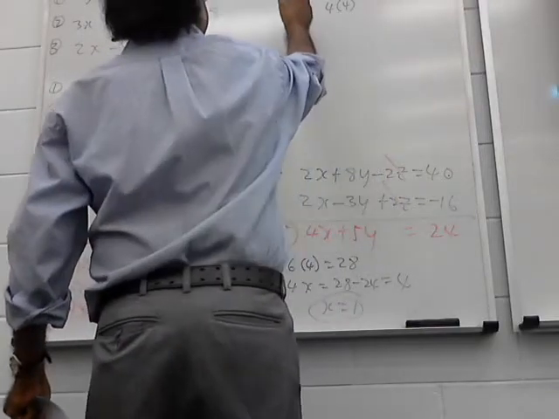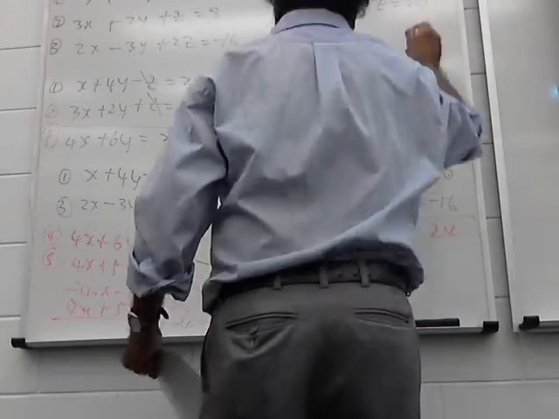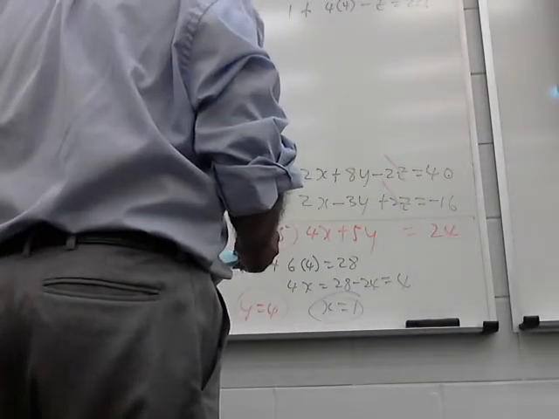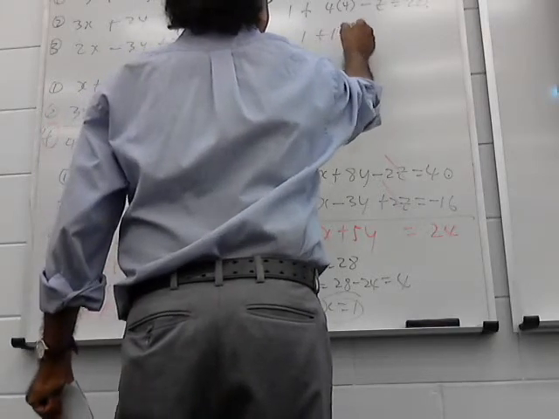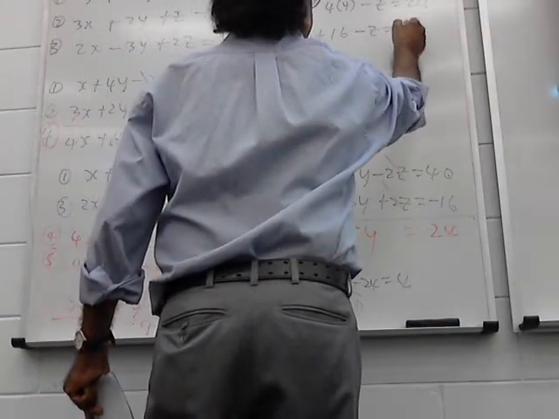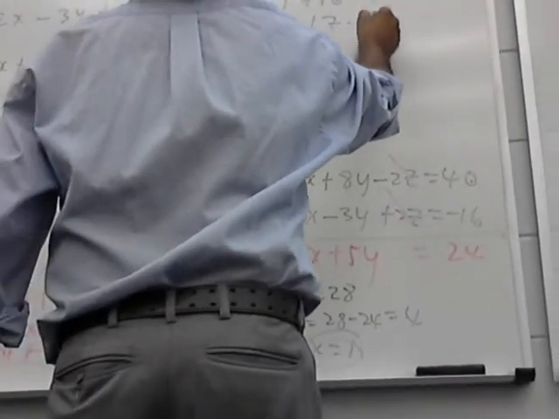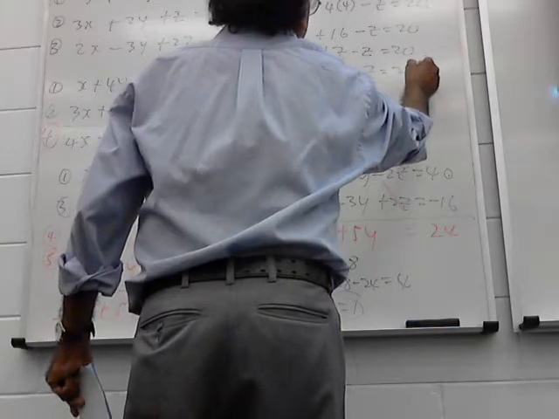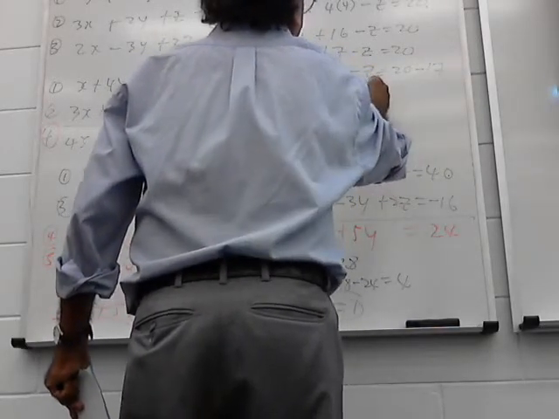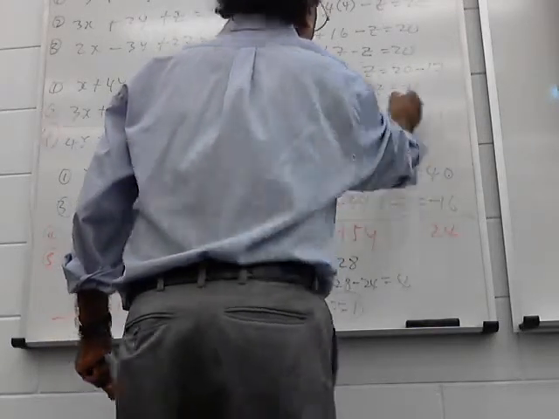This is 1 plus 16 minus z equal to 20. And this is 17 minus z equal to 20. Minus z is equal to 20 minus 17. Minus z is equal to 3, z is equal to minus 3.